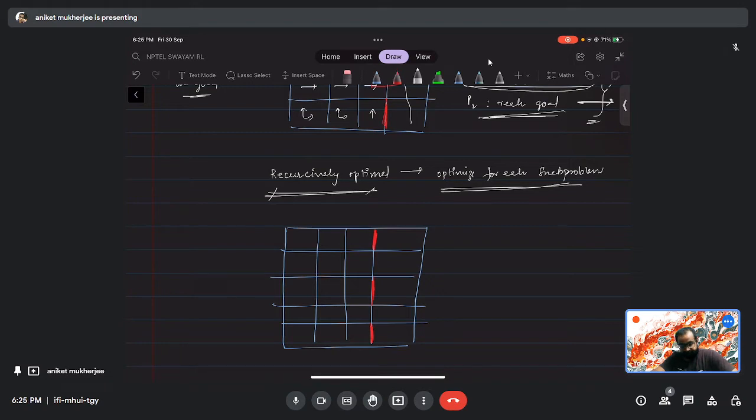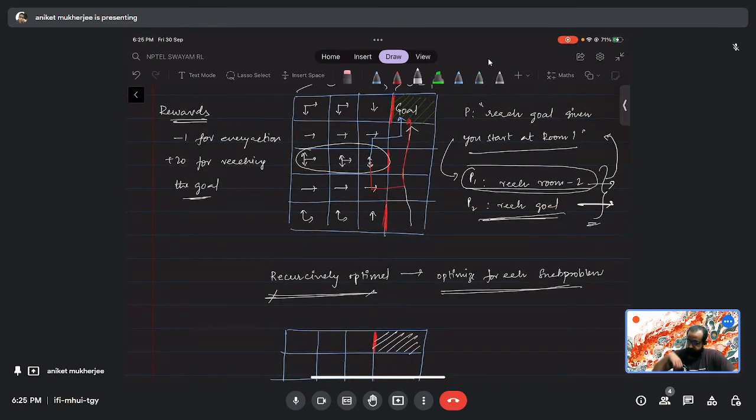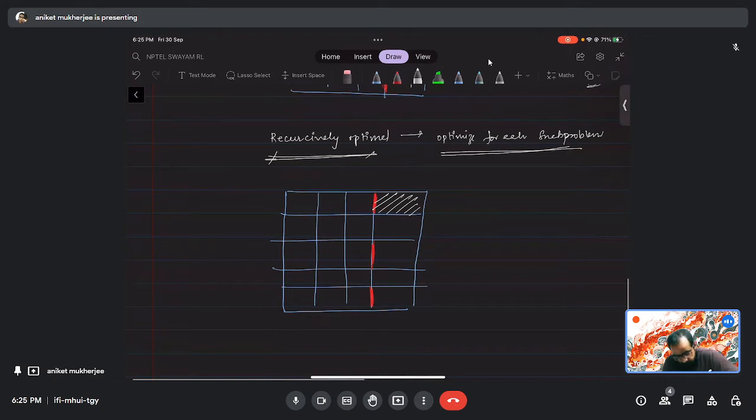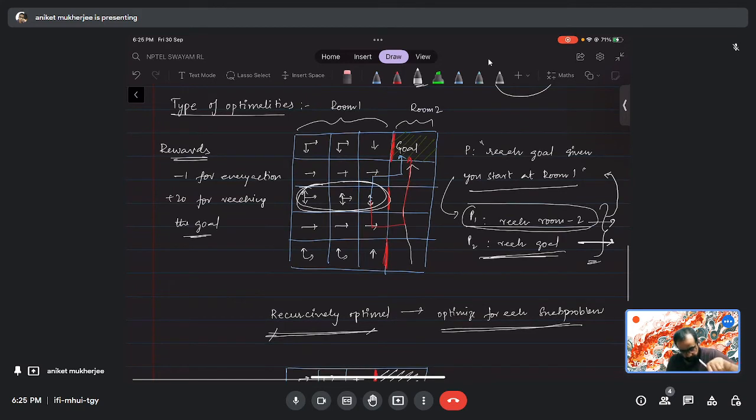Now the same thing could be done by changing the policy for the first subproblem, by allowing them to go through door 2 as well as door 1, because in the first subproblem you didn't care whether you went through door 1 or door 2, you just wanted to reach room 2 where the goal is.